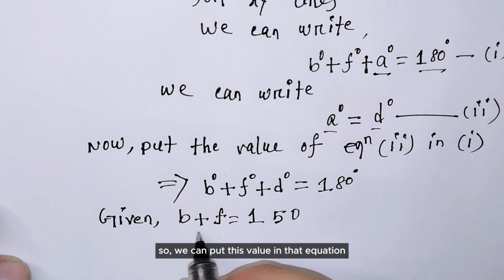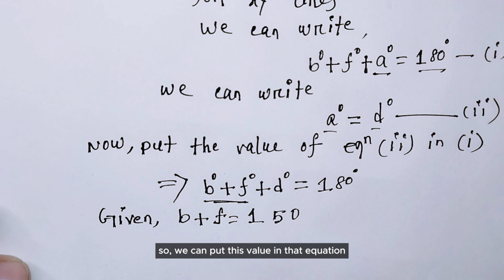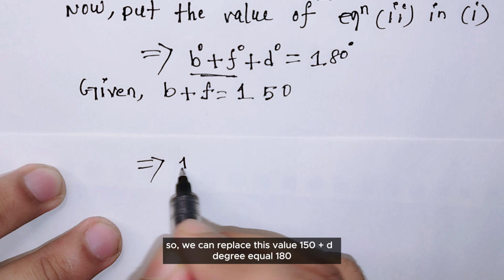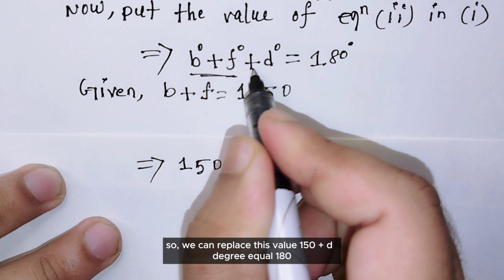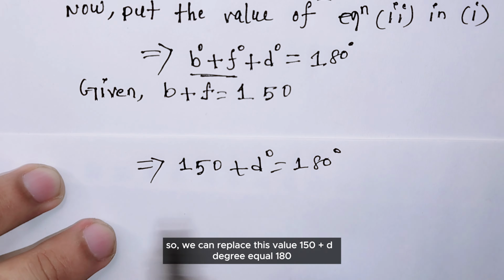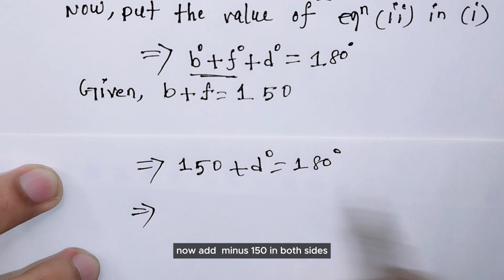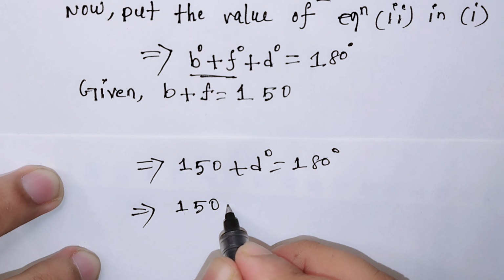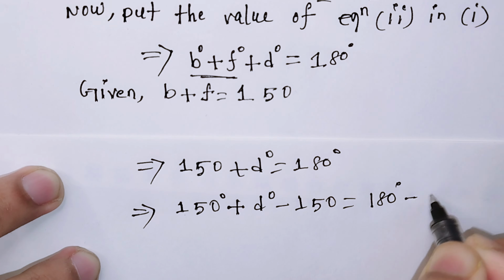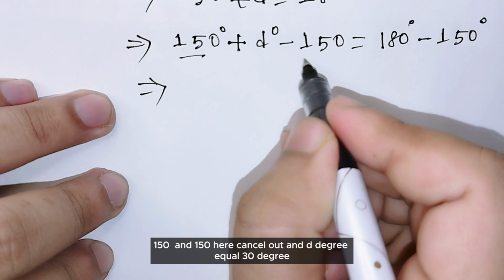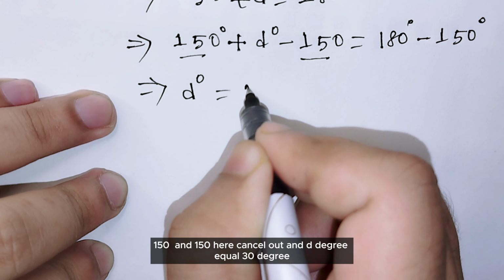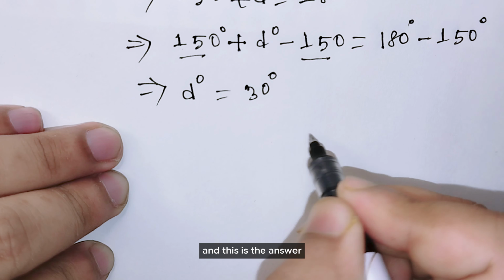So we can put this value in that equation. So we can replace this value: 150 plus d degree equal 180. Now minus 150 on both sides. The 150 here cancels out and d degree equal 30 degree. And this is the answer.